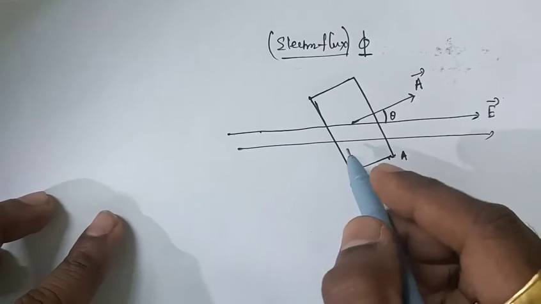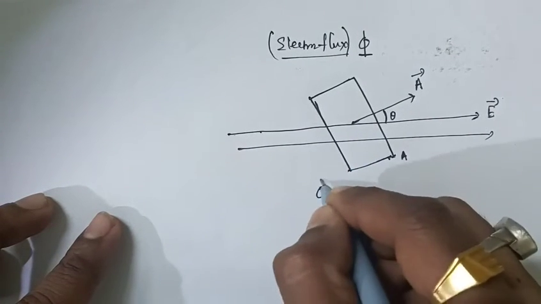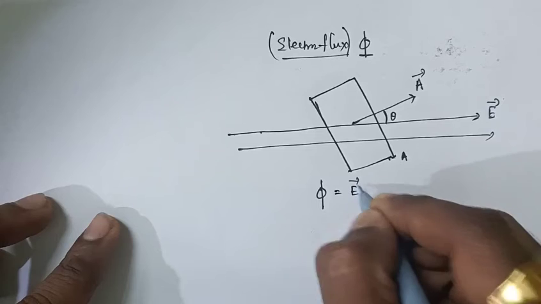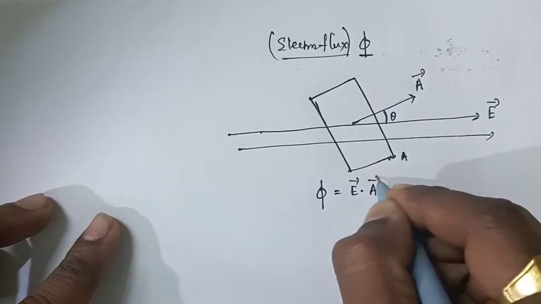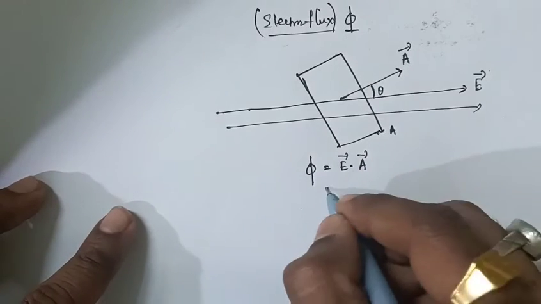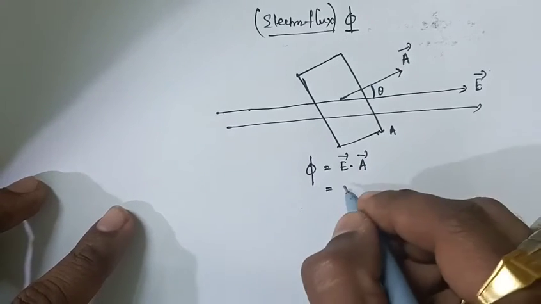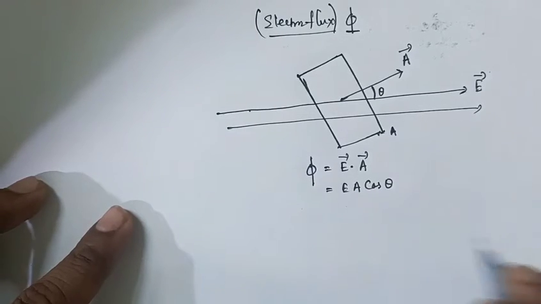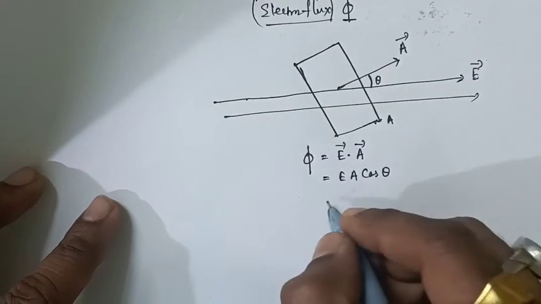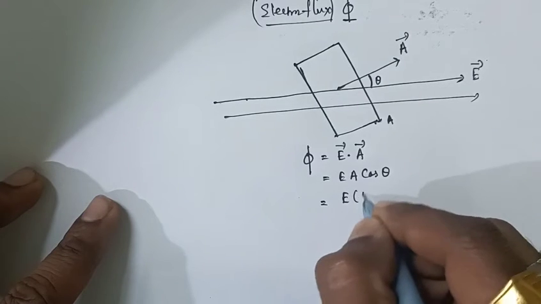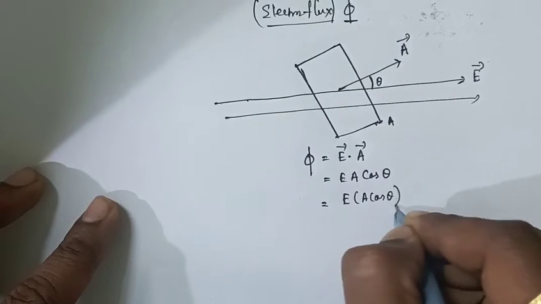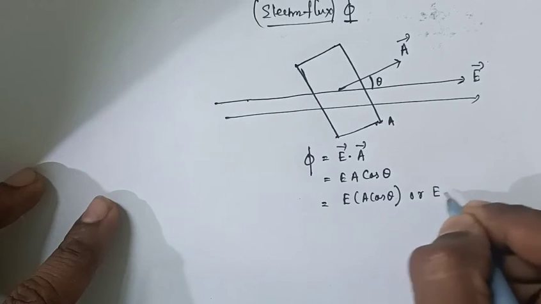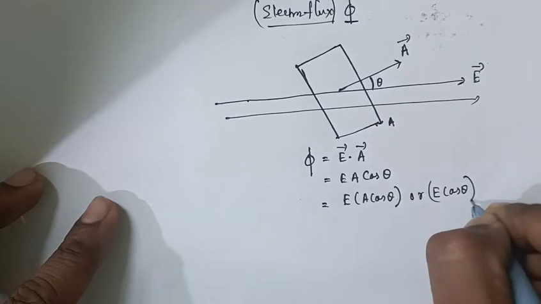The definition of the electric flux says it is the dot product of the electric field vector and the area vector. If you carefully observe, A dot E can be written as EA cos theta. So a student can think like this: E times A cos theta.